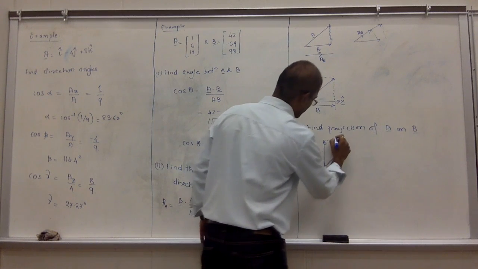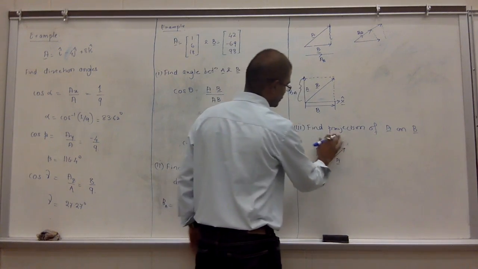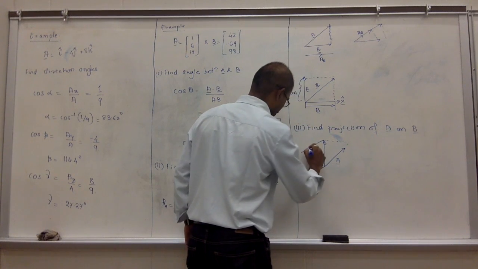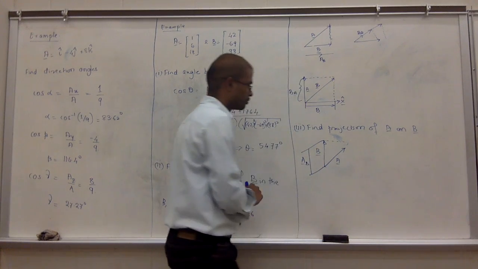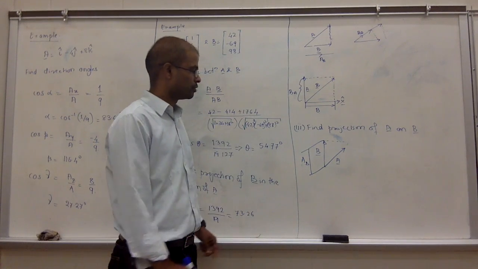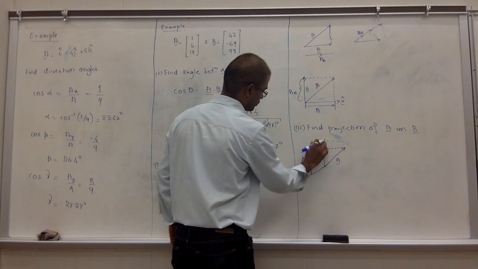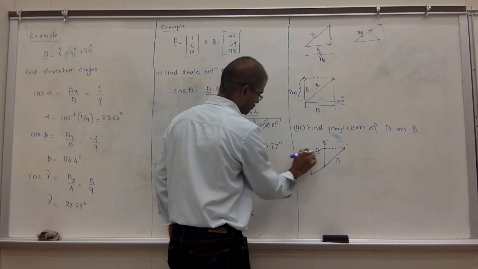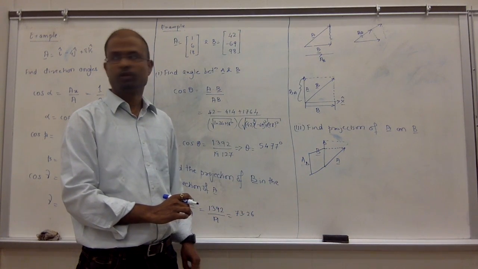So this is your AB. Sorry. This is your AB. So here, this is your AB. You get it? Confusing? Yeah.